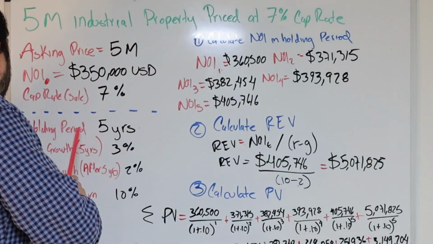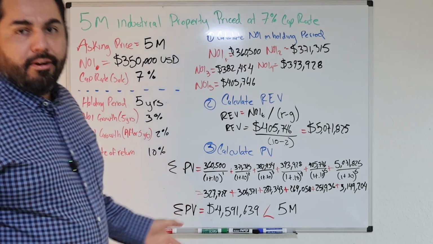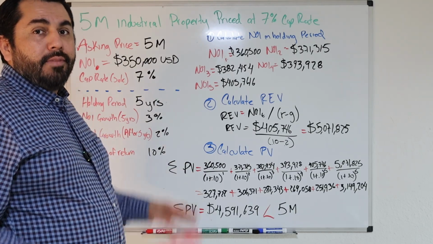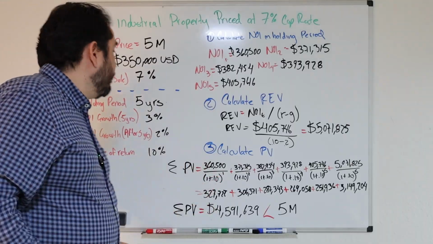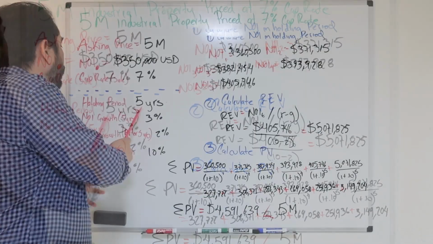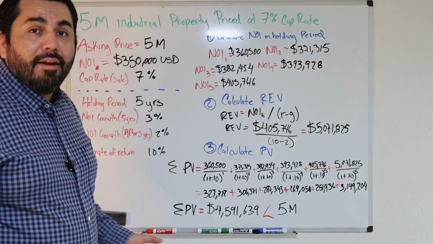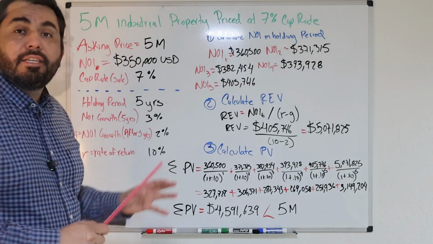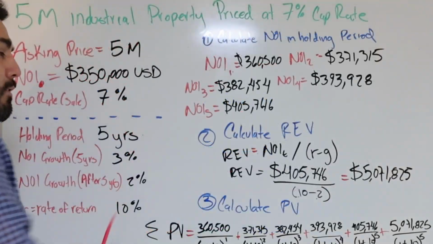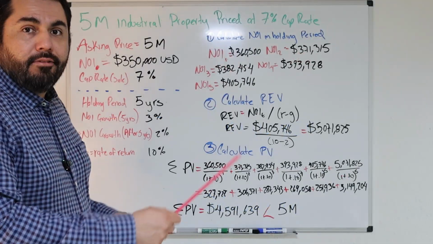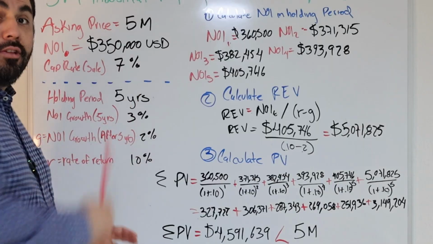Okay, so the holding period. We are analyzing this property, and we are going to analyze the cash flows to price the property exactly. So we are looking at a holding period of 5 years, which is the term of the lease it actually has. The lease has a rent increase of 3% on the term.